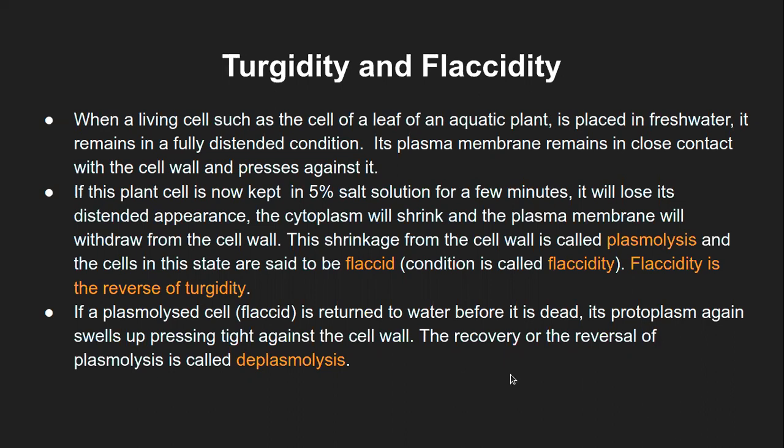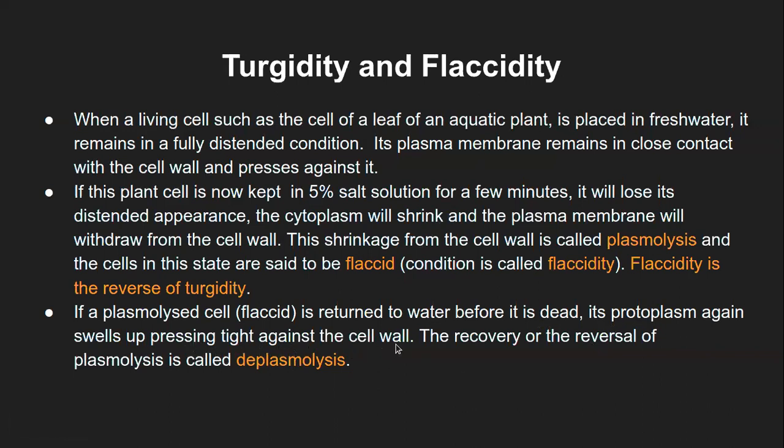Okay, so no question. Now, if the plasmolyzed cell, again a flaccid cell, is returned to water before it is dead, right? Now the cell is shrunken a bit, and you are adding that flaccid cell into the water again, so that means you are trying to restore its turgidity. So its protoplasm will again swell up, pressing tight against the cell wall.